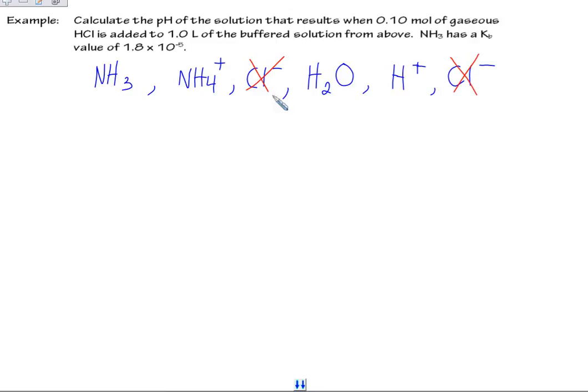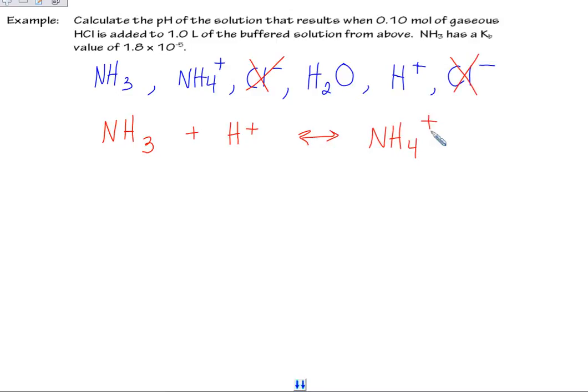We're adding hydrogen. The other particle that goes on the reactant side is the particle in the buffer that can react with the hydrogen. In this case, it'll be the base. The ammonia can react with the hydrogen, and we can form NH4+, the ammonium ion.